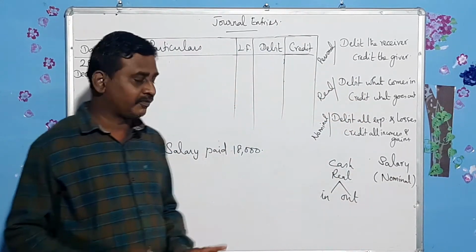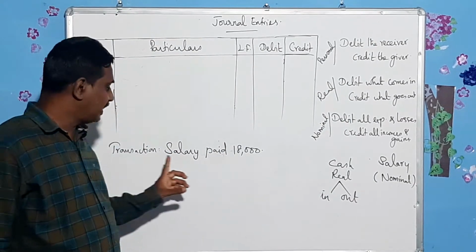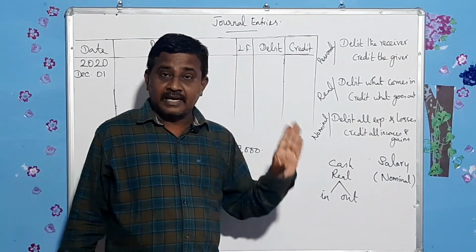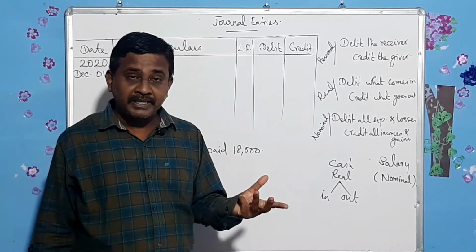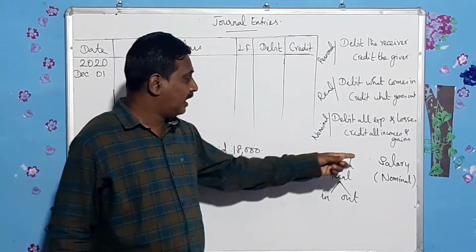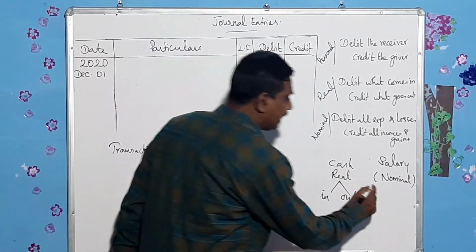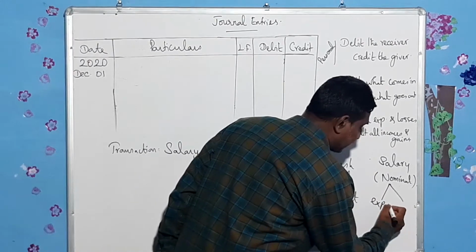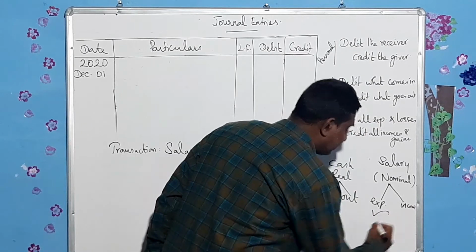Now you have identified the two accounts involved in this transaction. One is salary and another one is cash. See, for nominal accounts, either it will be expense or loss, or incomes and gains. So salary is an expense. You have to see whether it is expense or income. So expense.